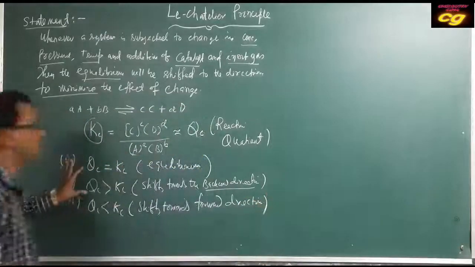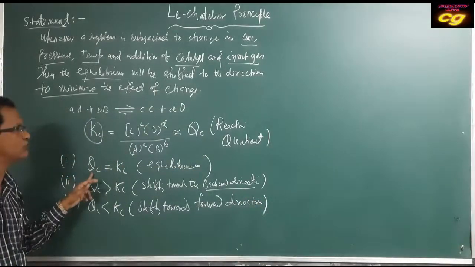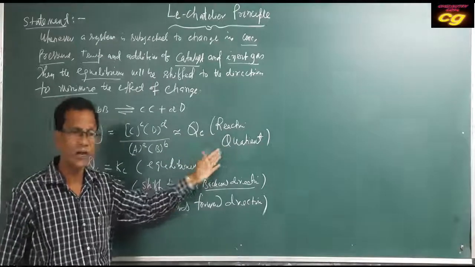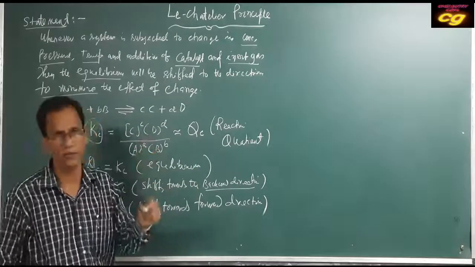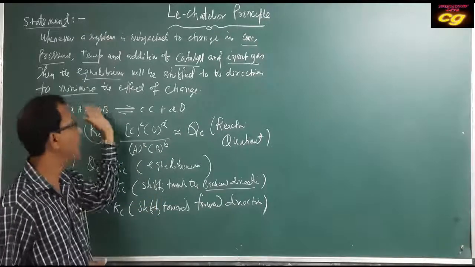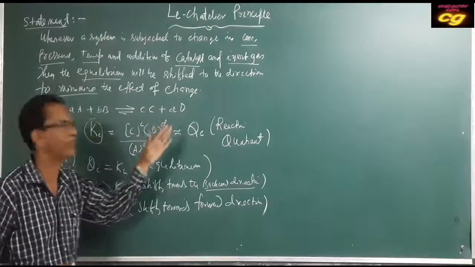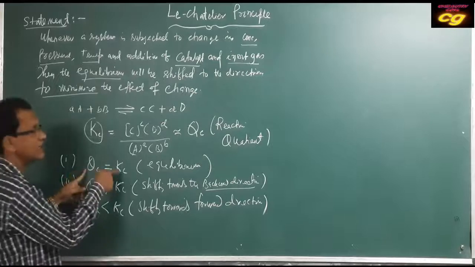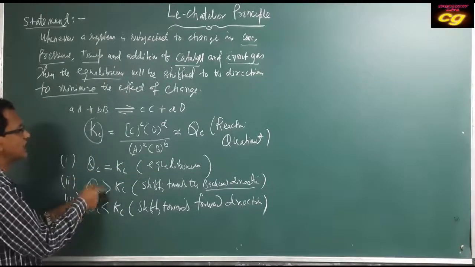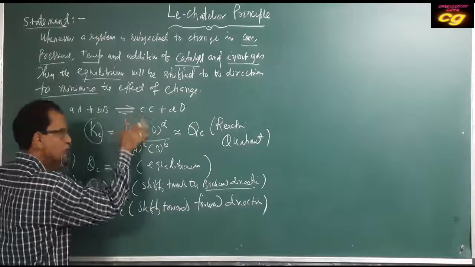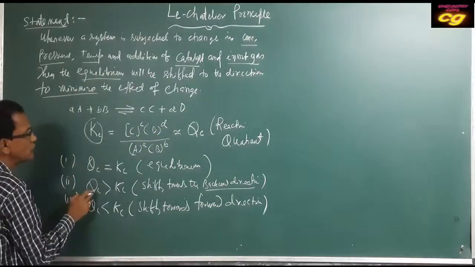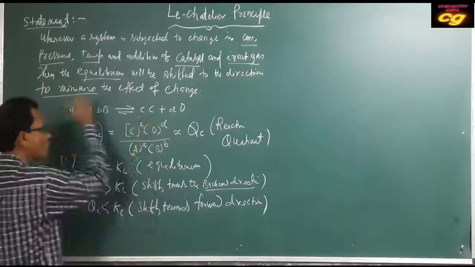So you have to remember these three things. What is Qc? The reaction quotient, that is the actual value for the particular moment. When you bring a change to the system, then Qc equal to Kc is equilibrium. When Qc is greater than Kc, this value is more, that means it will be consumed to form the reactant. That's why Qc greater than Kc means towards the backward direction.